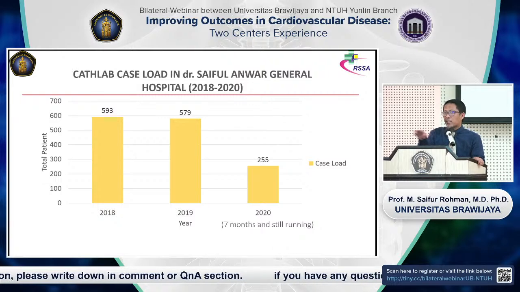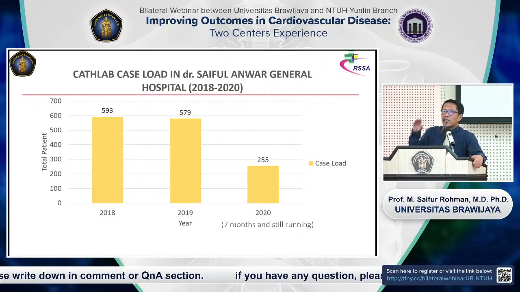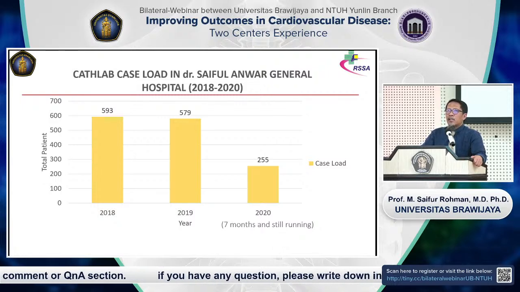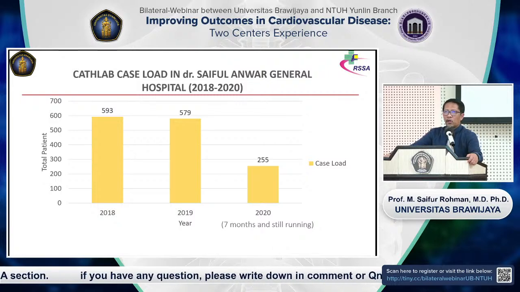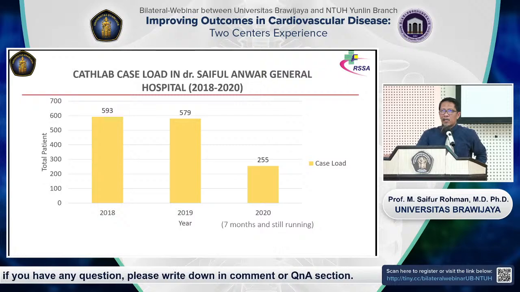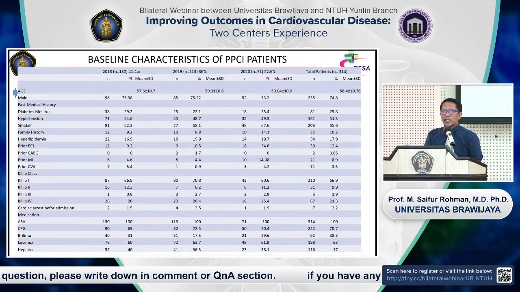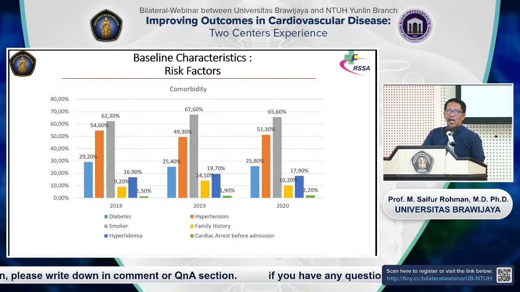Around 500 to 600 cases per year, and even lower in the COVID era, approaching half of the full caseload of previous years of PCI. This is the baseline characteristics. Here we can see that in our population, smoking is a big problem.